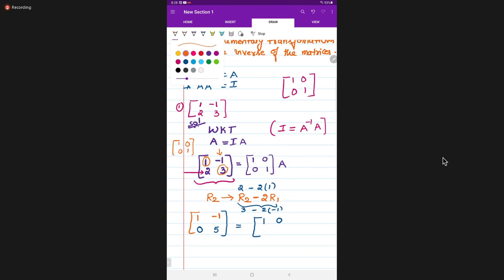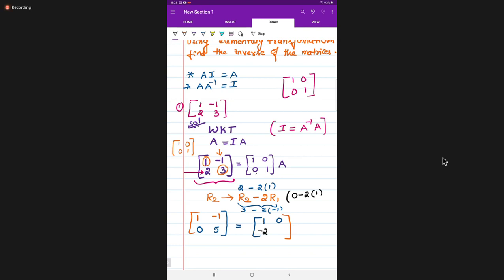Now you are applying the operation on the second row, right? Tell me, students, what do you write here? What is the second row first element? 0. So 0 minus 2 into the upper element, which is 1. What is the value? Minus 2. Next element, second row, is 1.